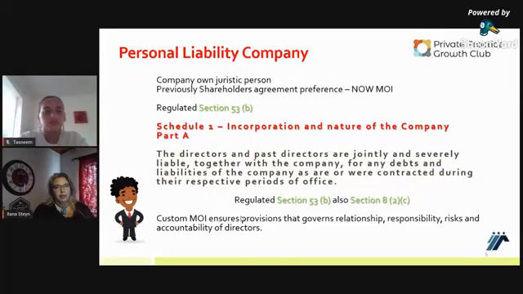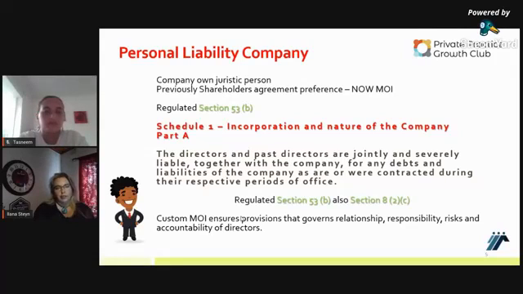So moving on from there, just again, a personal liability company is a juristic person by itself, and the previous shareholders agreement takes preference under the Old Companies Act. But now the MOI takes the preference. So what used to happen, Tasneem, was that the companies would be registered and then they would have a separate shareholders agreement to say how things must happen. So under the New Companies Act, they said that it's not going to work like that anymore.